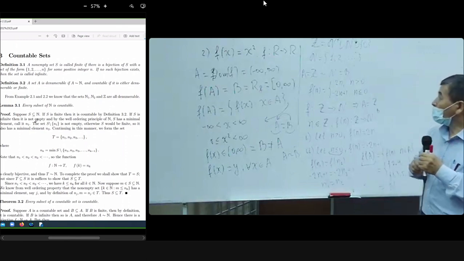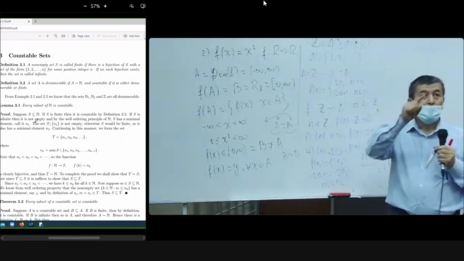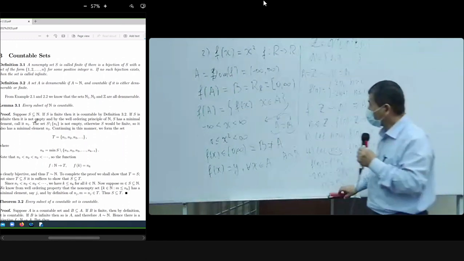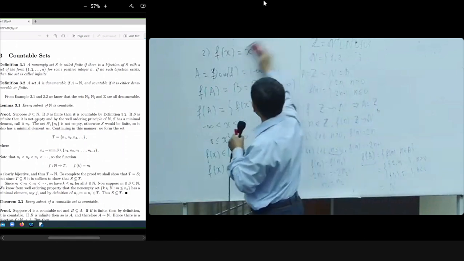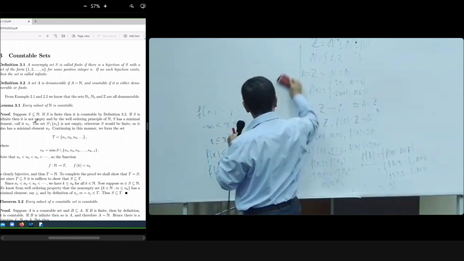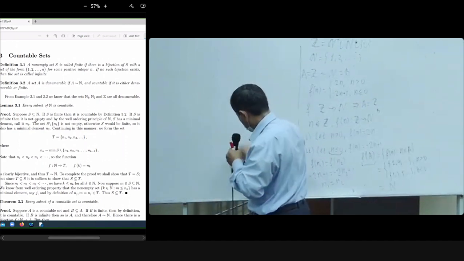Actually, at the beginning, in the definition, we say A is finite. Remember the definition. A is finite if A is equivalent with the set of n numbers.